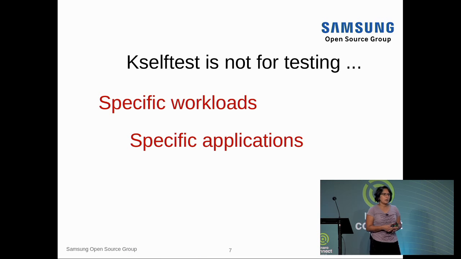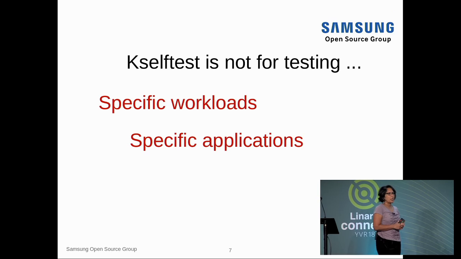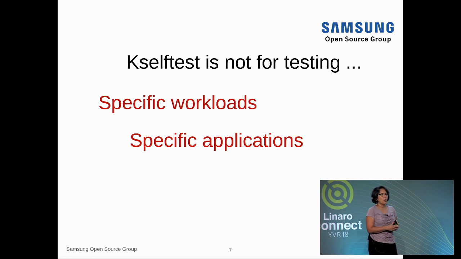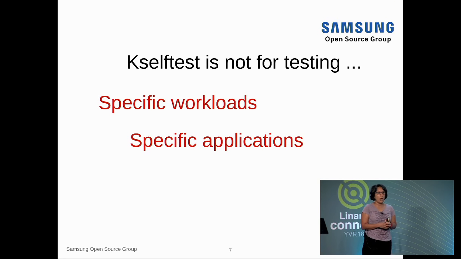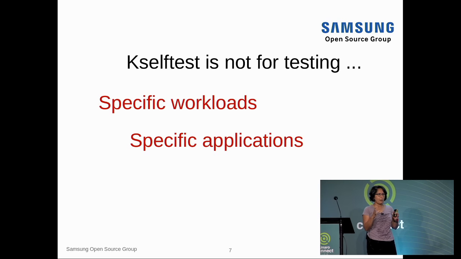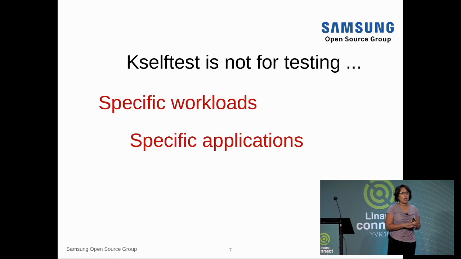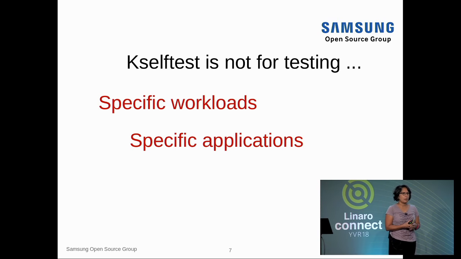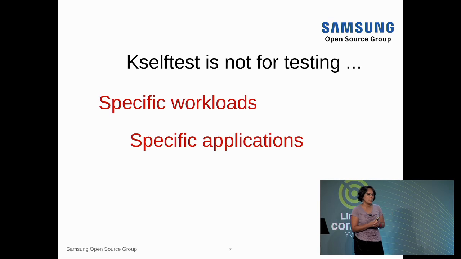And also, it's not for testing specific applications. For example, if you are trying to do audio application type testing or media application testing, this is not for that. We don't have as many, and it's not a place for that either.